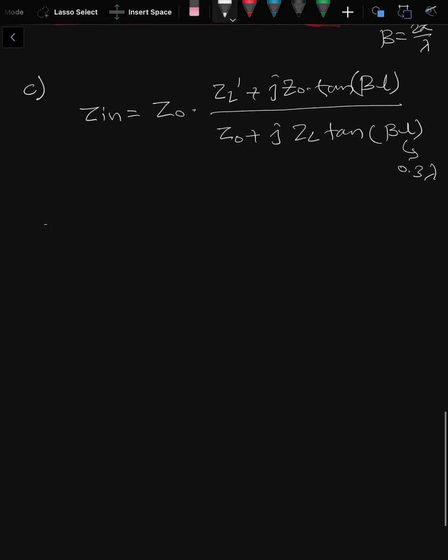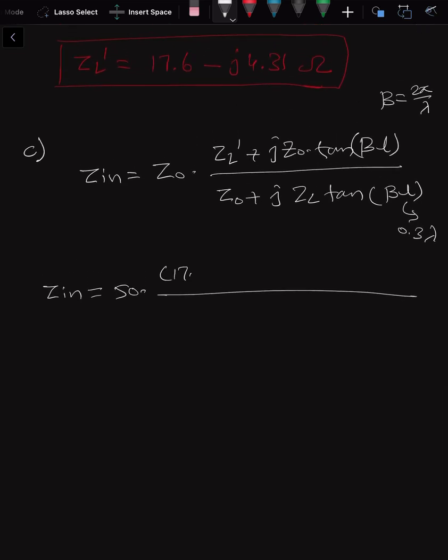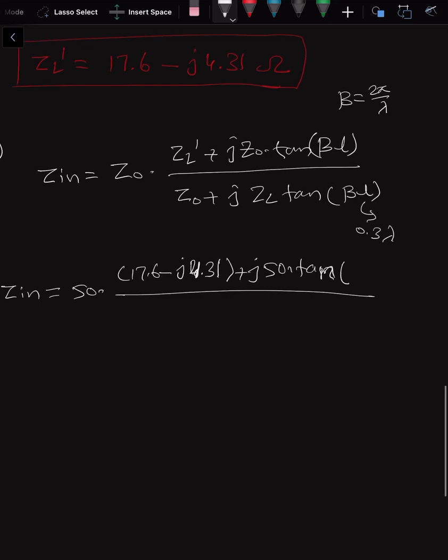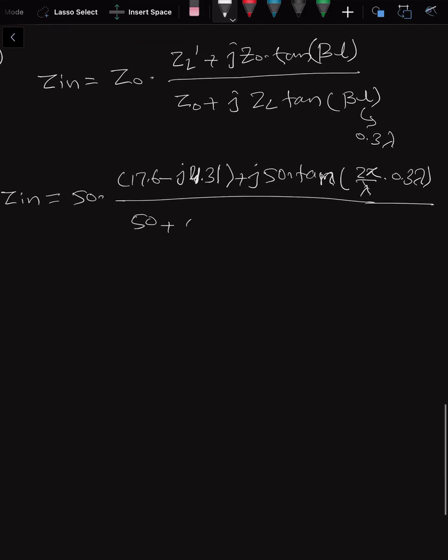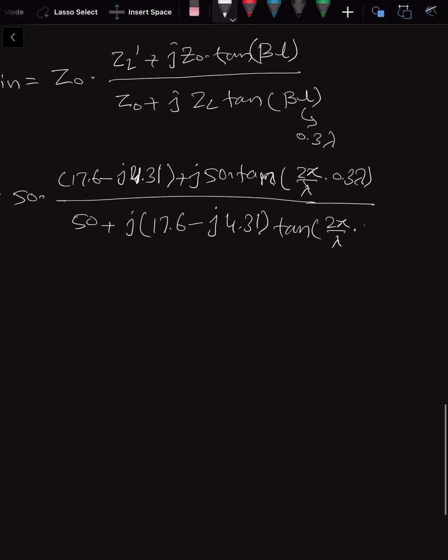Plugging in all the numbers: 50 times (17.6 minus j4.31, which we just calculated for ZL, plus j50 times tangent of 2 pi over lambda times 0.3 lambda) over (50 ohms plus j times (17.6 minus j4.31) times tangent of 2 pi over lambda times 0.3 lambda).